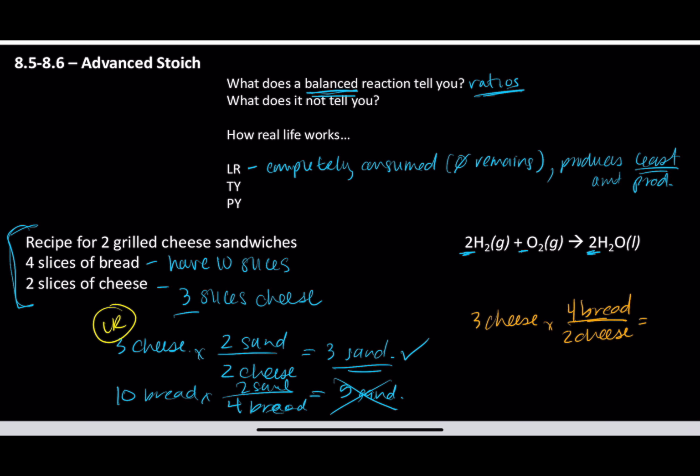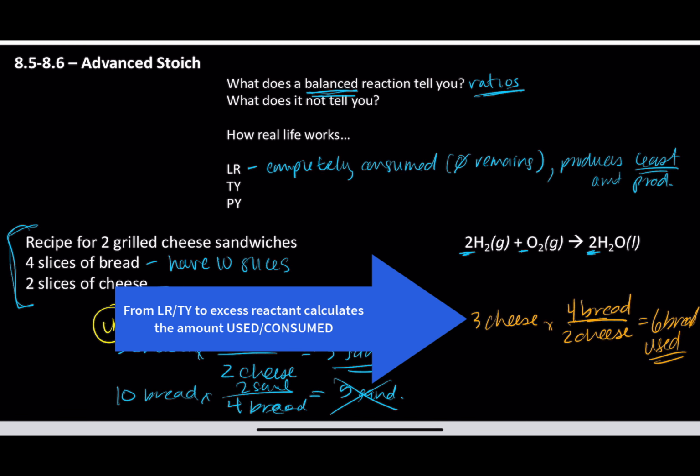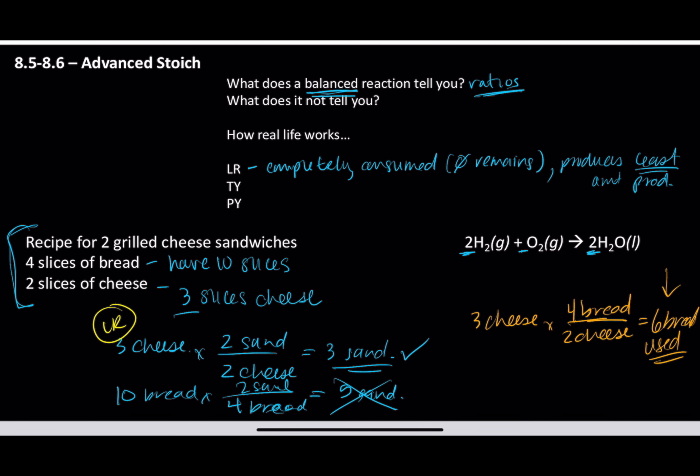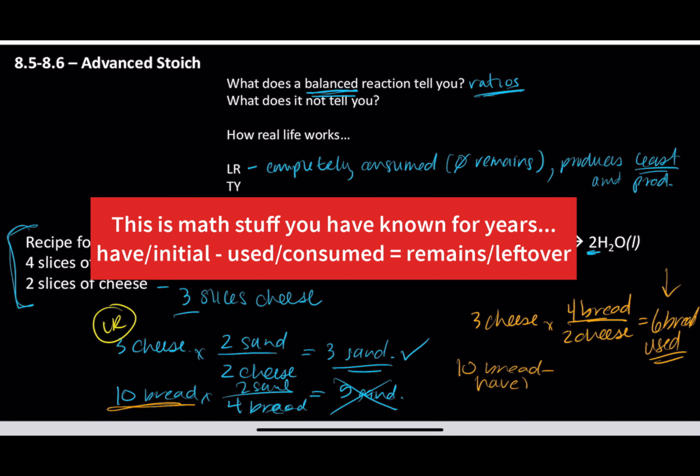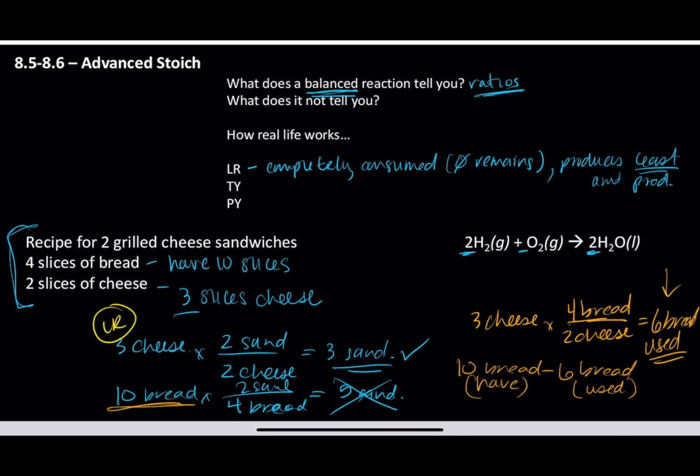And so what does that give me? 6 bread used, or 6 bread required. But the point is 6 pieces of bread are going to get used. I have 10 slices of bread, so 10 minus the 6 that I used means I have 4 remaining, left over at the end of the reaction. And how much cheese is left? 0. That's what the concept of a limiting reactant is.